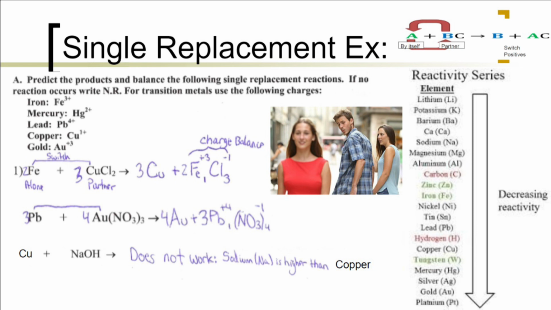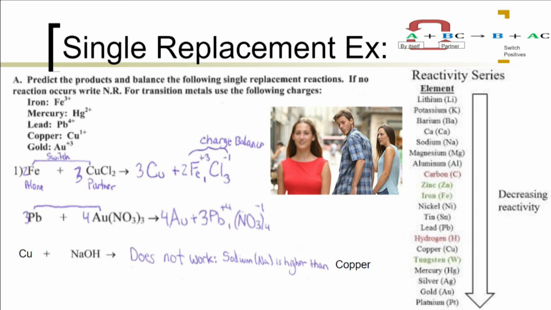You have to make sure that you charge balance it, because if you don't, you'll get it incorrect and your balancing will be incorrect. So that's how I got FeCl3, because of that charge balance. Then you would balance it, and when you balance it, I put a 2, a 3, 3, and then a 2, looking at how to balance the different chemical equations.